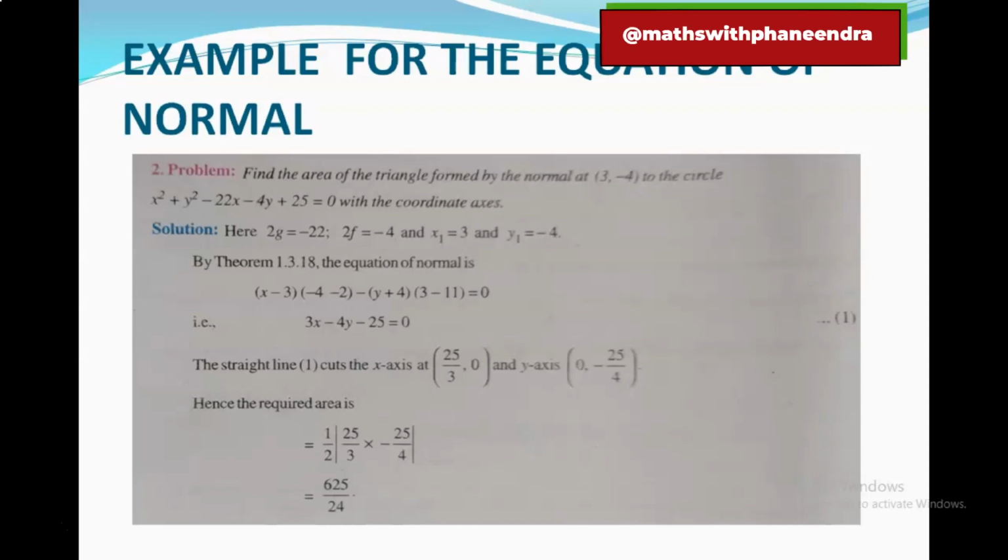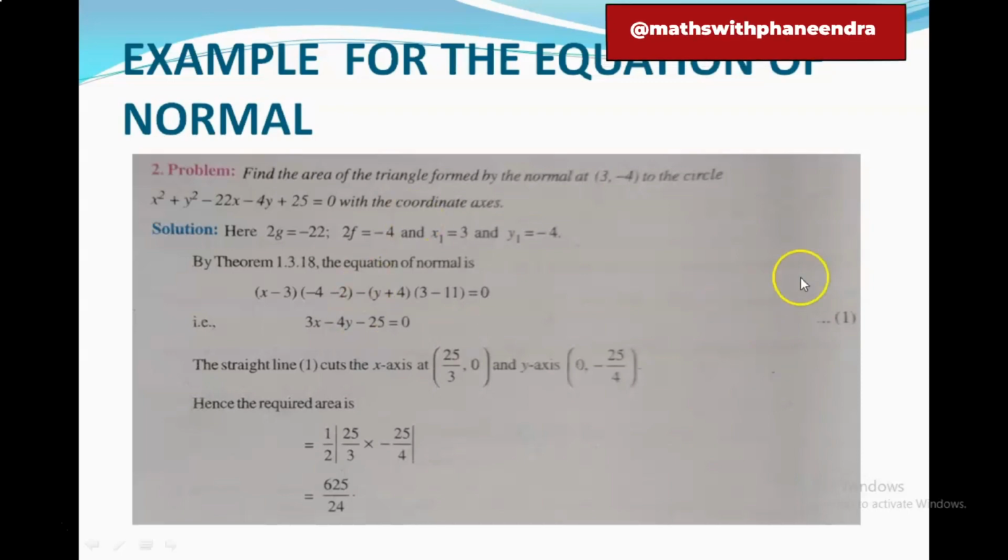Now write the normal equation at (x1, y1). We already discussed this formula: (x - x1)(y1 + f) - (y - y1)(x1 + g) = 0.